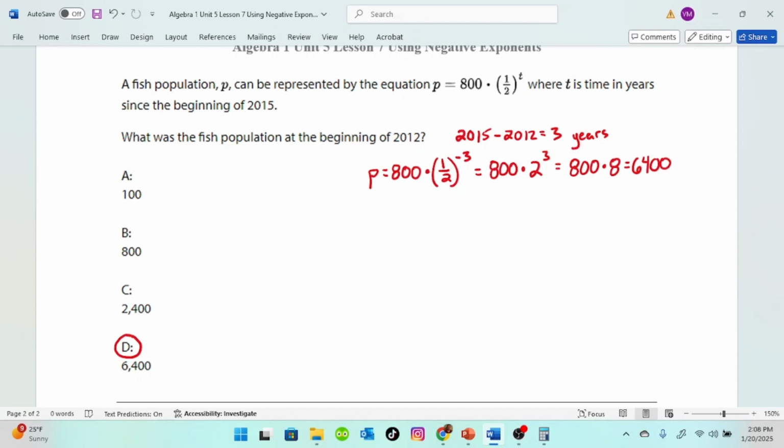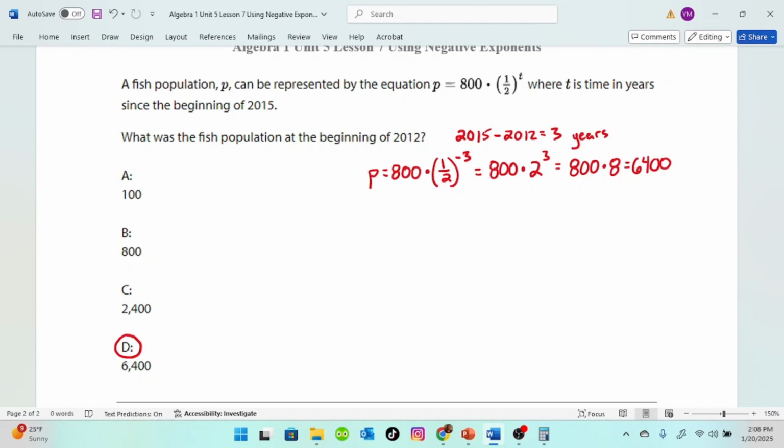To explain this so you can understand the big picture of what is happening here, the original equation said we were multiplying by 1/2 each year. So the population was getting cut in half every year. It was losing half the population. Well, if I go 3 years in the past, then I'm doing the opposite. I'm not cutting the population in half moving forward. I'm doubling the population each year moving backwards. So that's why the negative exponent tells us to multiply by the reciprocal.